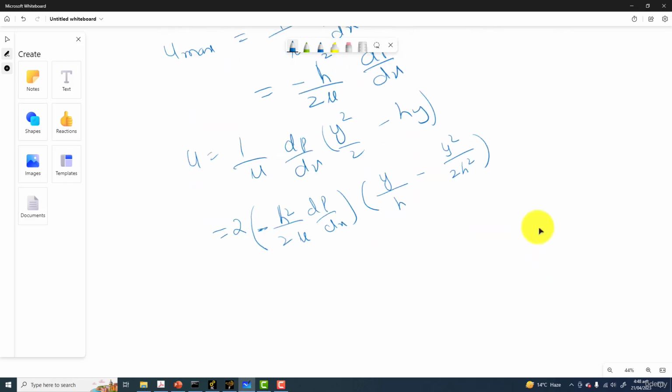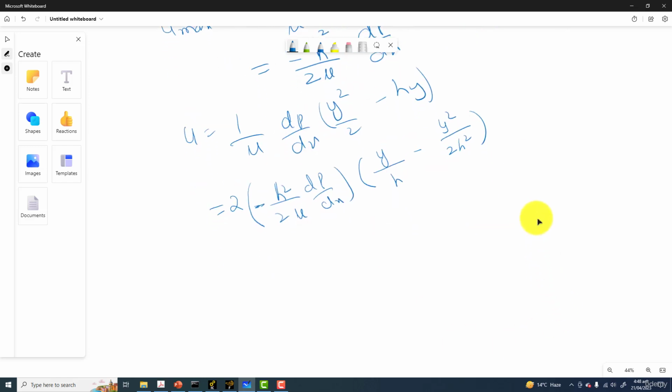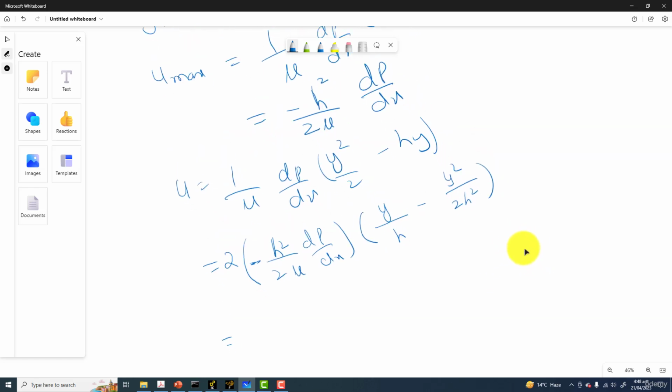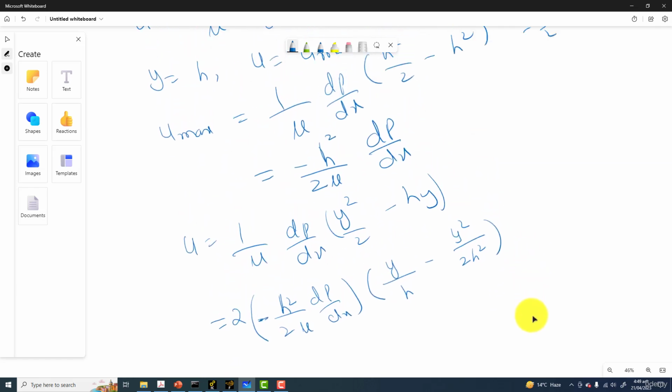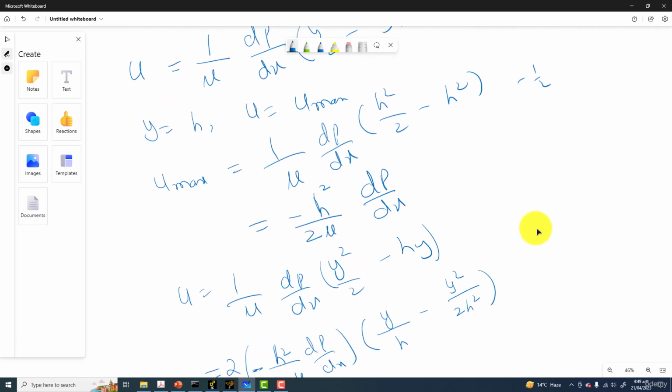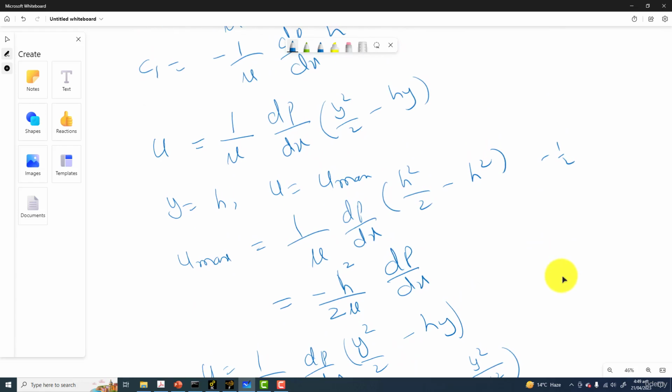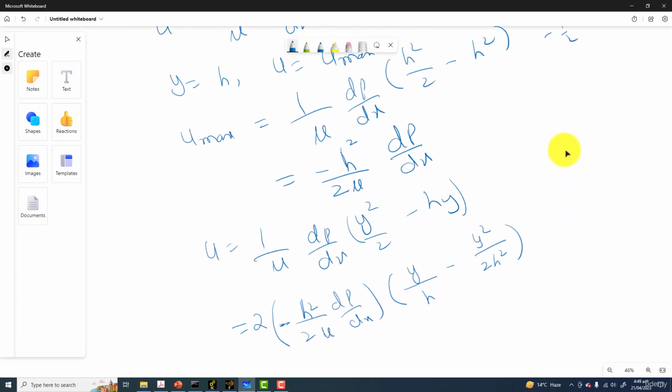Okay, so if I take this 2 inside, this will be exactly equal to the same thing. So y square upon 2h.